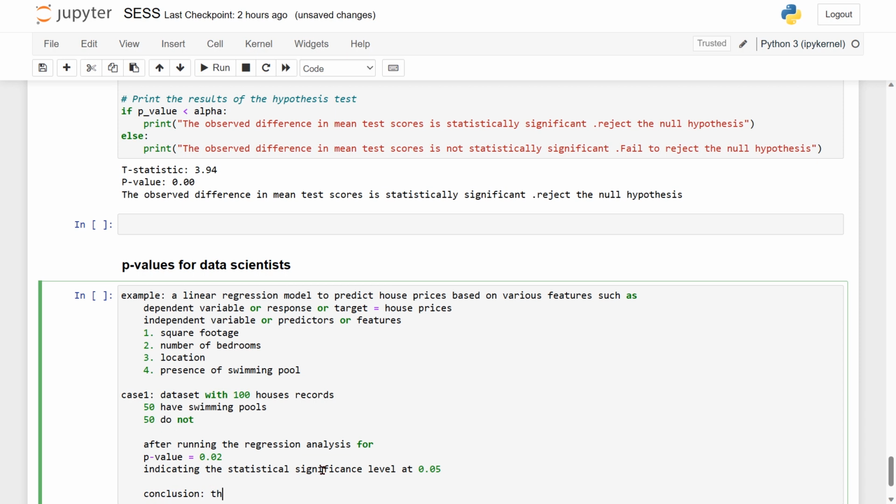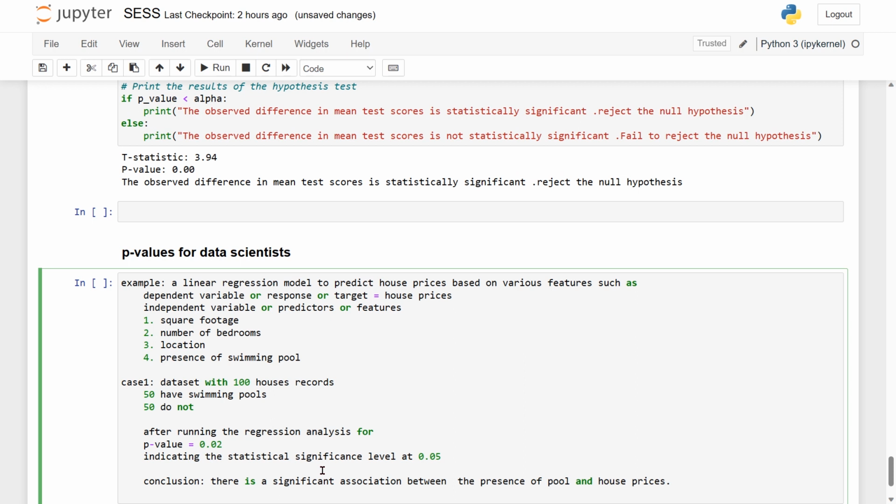There is a significant association between the presence of a pool and house prices, and as the association is significant, as a data scientist, what I'm going to do is include the swimming pool feature in the model.